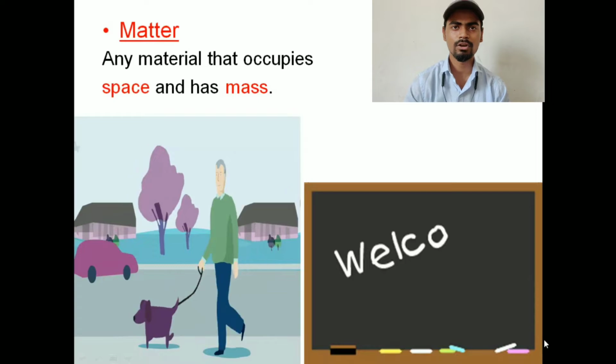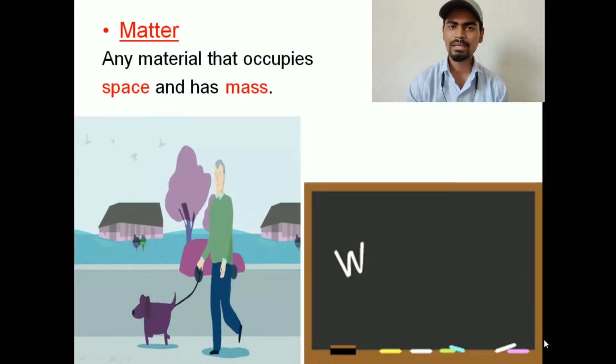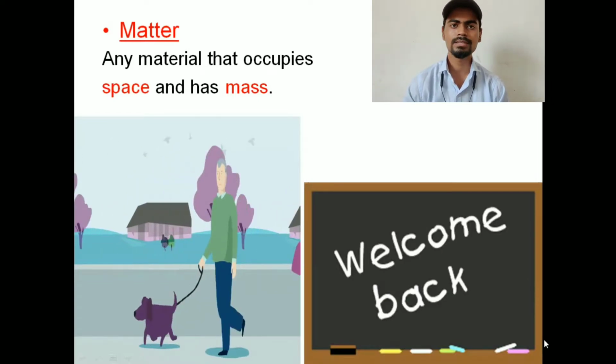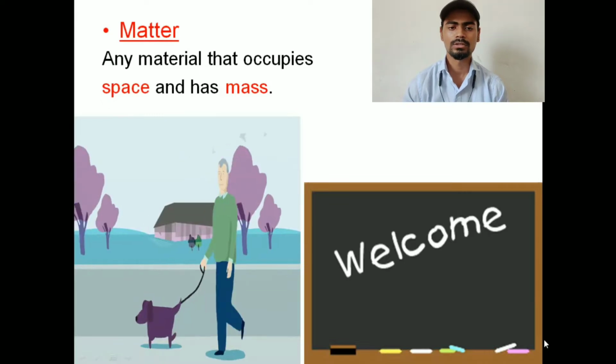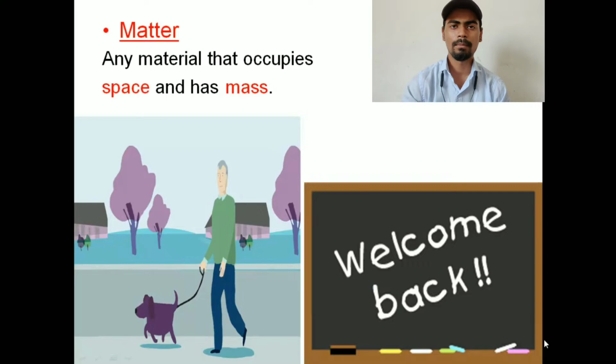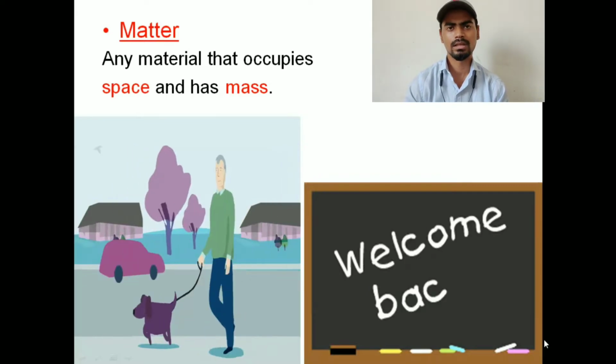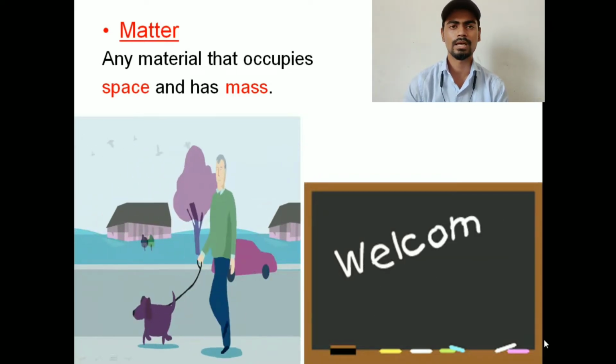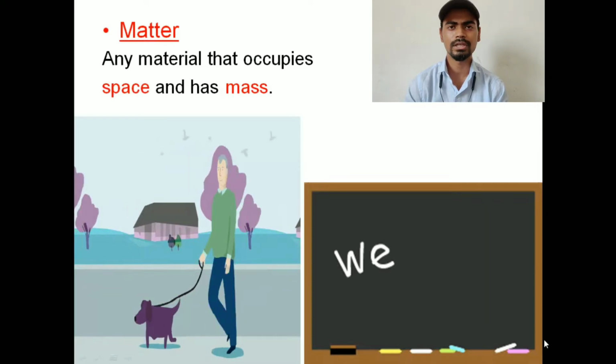And what is the definition of matter? Any material that occupies space and has mass. So occupying space and having mass are the two properties of matter. This is what we studied in your previous class, so we are not going into much detail.